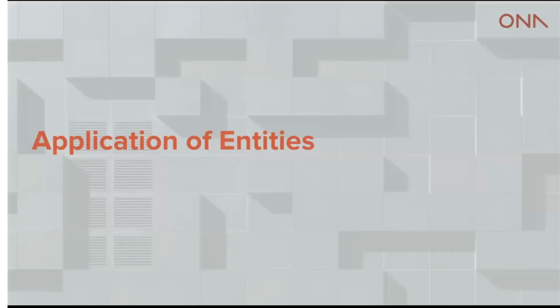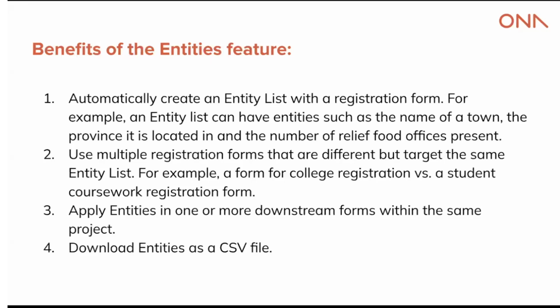So let us look at the application of entities. Some of the benefits of the entities feature is that you can automatically create an entity list with a registration form. For example, an entity list can have entities such as the name of a town and the province where it is located, and then the number of relief food offices present.